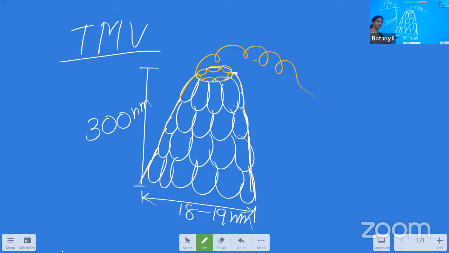Now comes the next point. The virus is having a central opening called the central core.